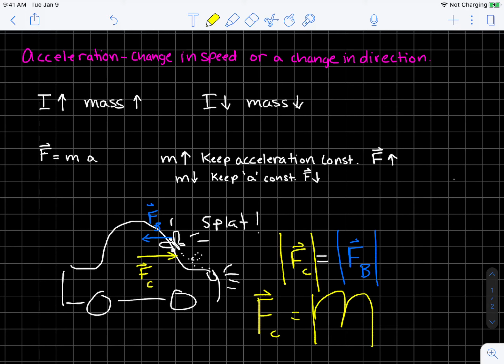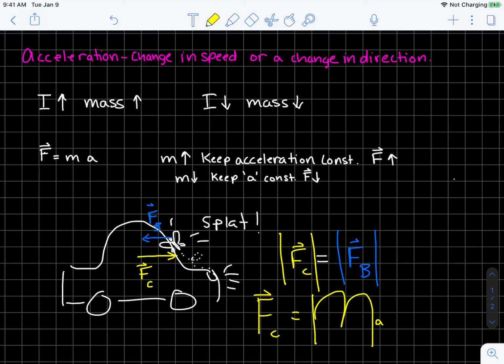In fact, if you were able to zoom in almost microscopically on your windshield to see what the molecules are doing, you would notice that the windshield actually will bend a little when the bug hits it. It doesn't change direction drastically. In fact, when you hit a bug on the highway, you never really notice it or feel it. But your windshield actually does experience an acceleration. It is teeny tiny.